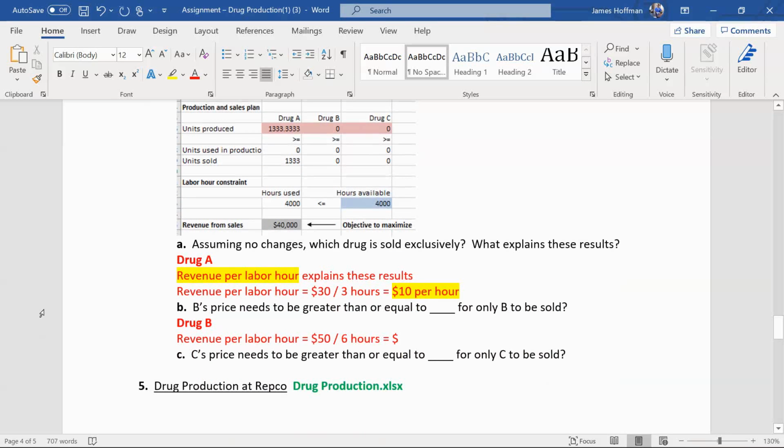That's going to give us something less than 10. Does anyone know what 50 divided by 6 is? 8.33.